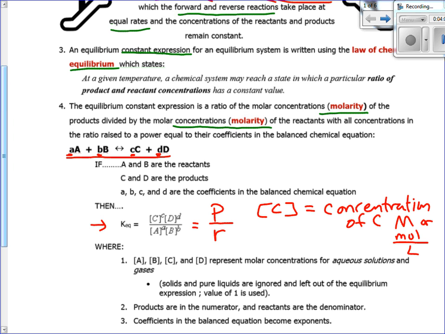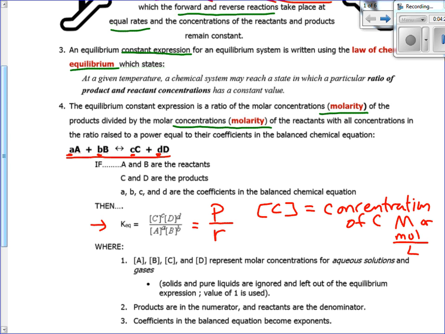Okay? So when we have something in brackets, make sure you note that it means the concentration of that substance. You saw that in acids and bases as well when we had the little brackets around H+, or around OH-. That means the concentration of hydrogen, the concentration of hydroxide.